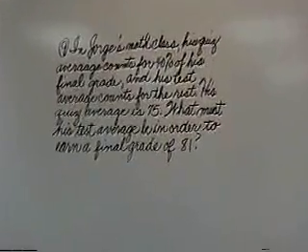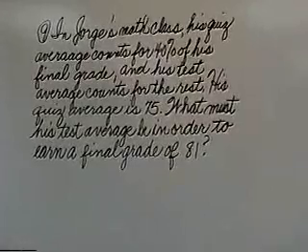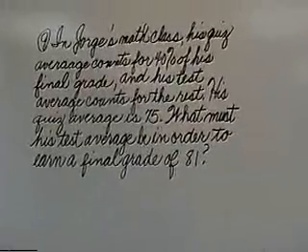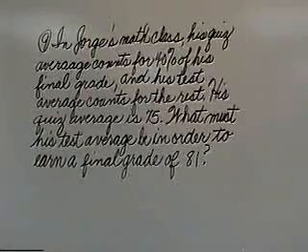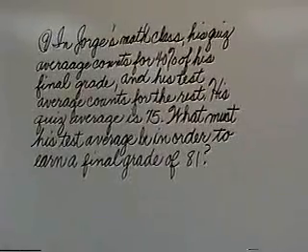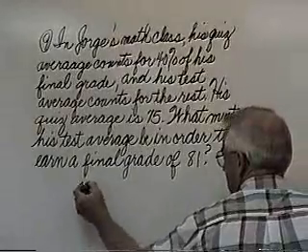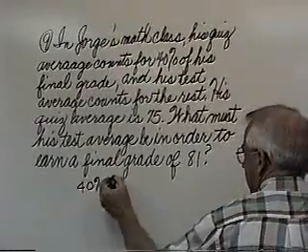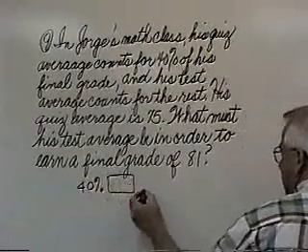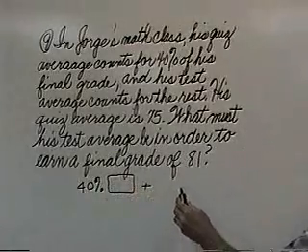All right, it says his quiz average counts 40% of his final grade. His test average counts the rest. Well, what does that mean? That means 60%. So that means 40% of what?